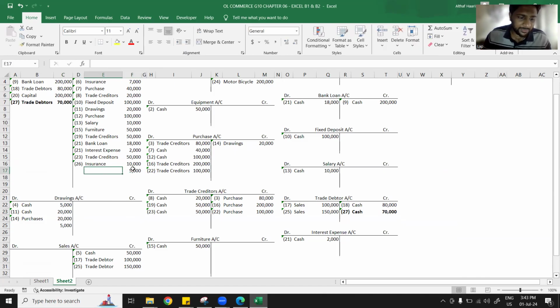Now switch the names. Here you can write drawings. Here you can write cash. Transaction number 27.